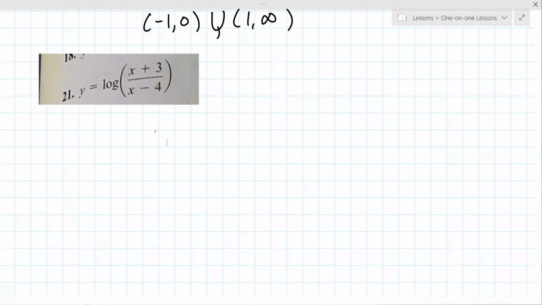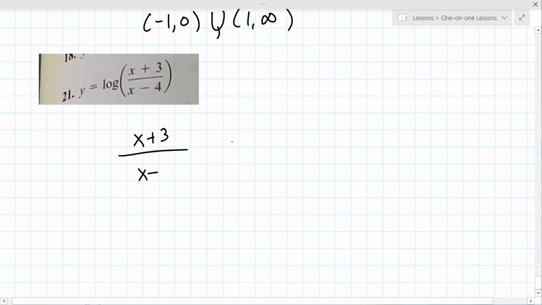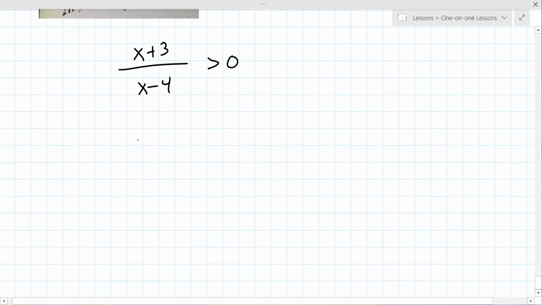What you're really looking at is the graph of this. You're trying to figure out where this is greater than 0. There are two issues: where the numerator equals 0 and where the denominator equals 0. So the numerator is equal to 0 at -3 and the denominator at 4.